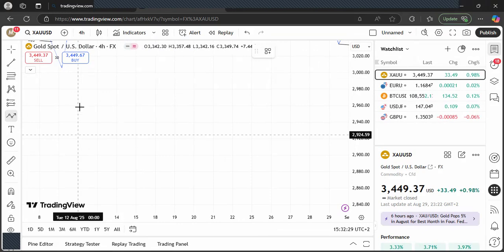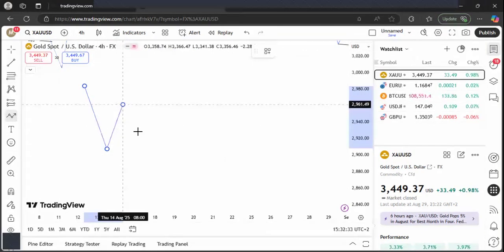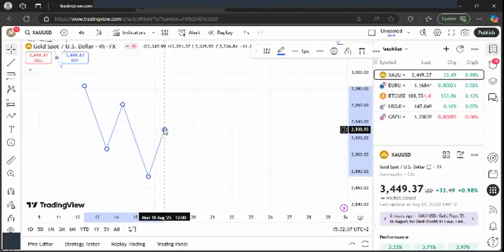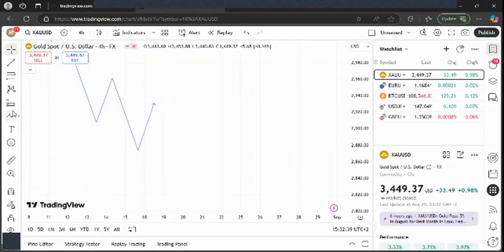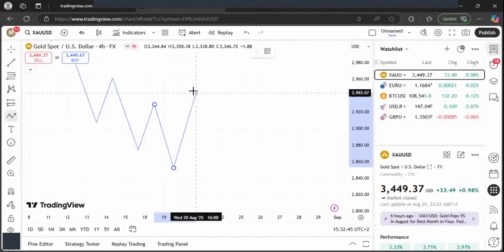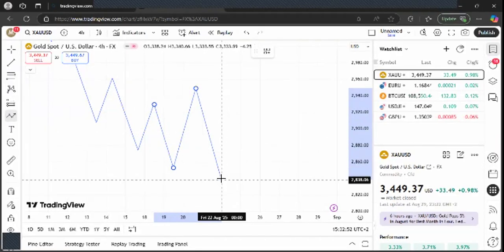Okay, let's say we have a structure going to the downside. And then it continues and somehow it changes character, market structure shift, as you may know, and then it goes to break this low.